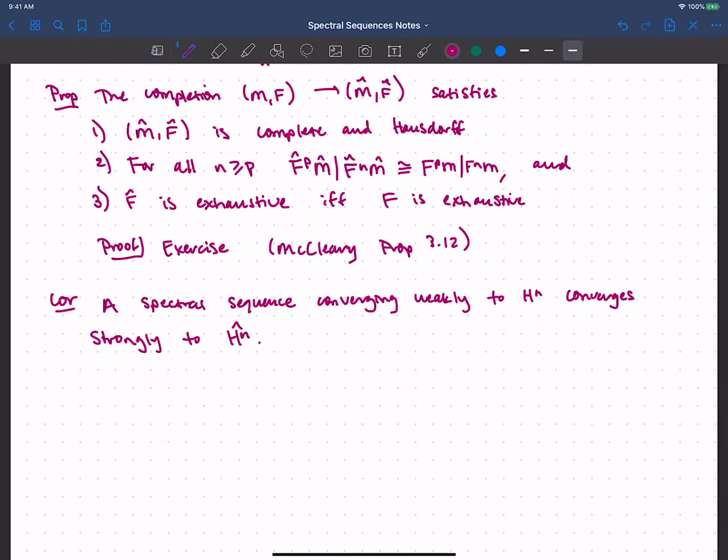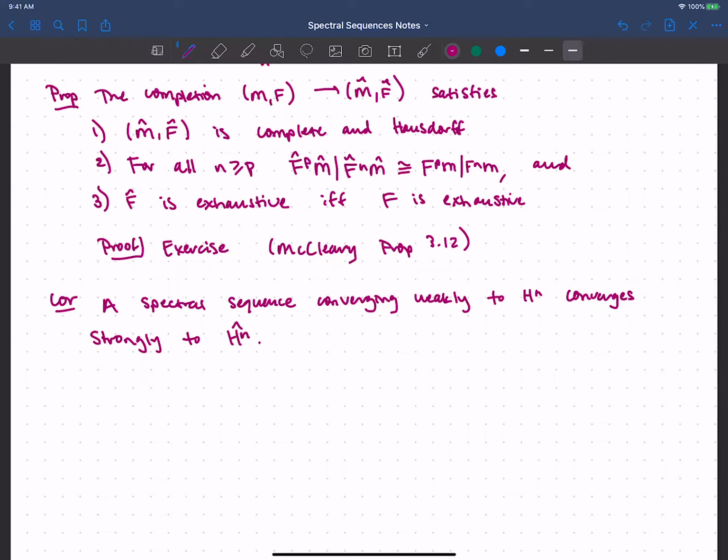Okay, so the point here is that we can have the same spectral sequence. All we do when we talk about the thing that we see on the infinity page is say, oh, that's an associated graded for some filtration of Hn. Okay, of course, that needs to arise in some sort of way, and that's part of proving that you have such a spectral sequence. But if you had a spectral sequence like that, then you could just take the completion of Hn.